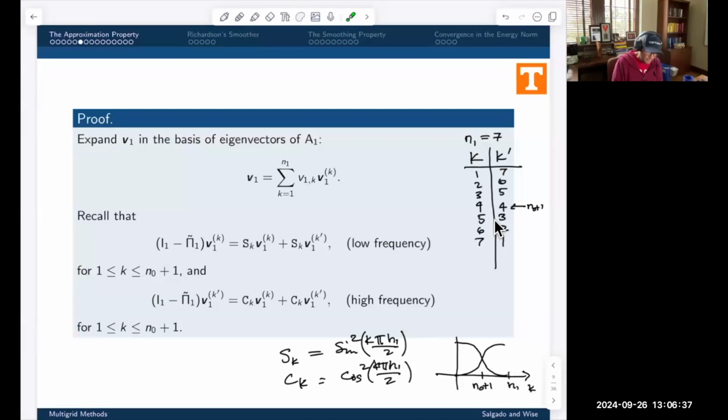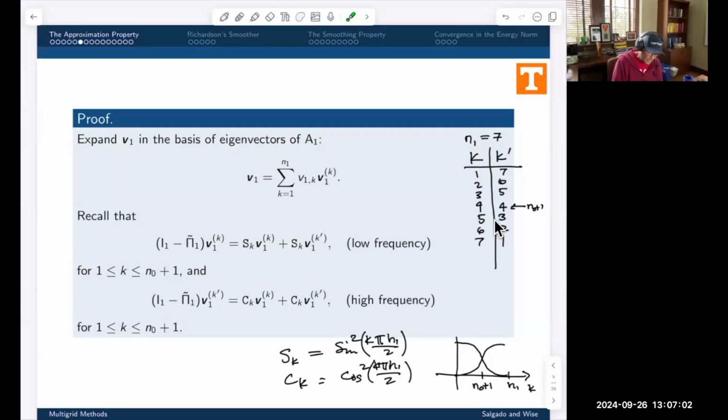Now, how do I view this? This says if k is a low frequency vector, then what we expect is that the error for this low frequency vector should be basically 0, should be small. So that actually pans out.